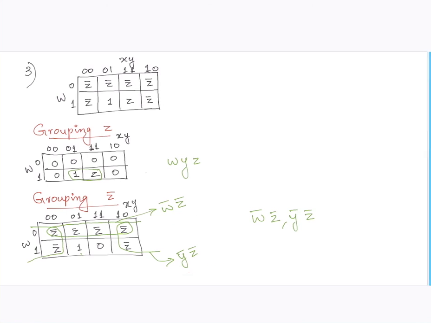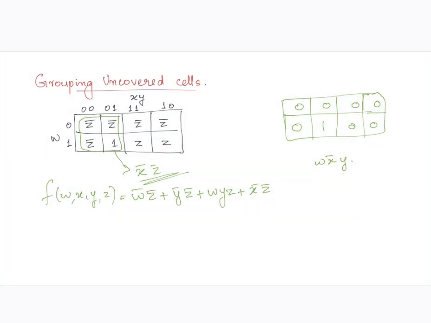Now the usual method of solving the last part is by considering the cell which is not grouped, and considering other elements to be 0. If you do it that way and group it, you can see that this is equal to W X bar Y. Another way of handling this equation is to group the incompletely covered cell with Z bar or Z literals.